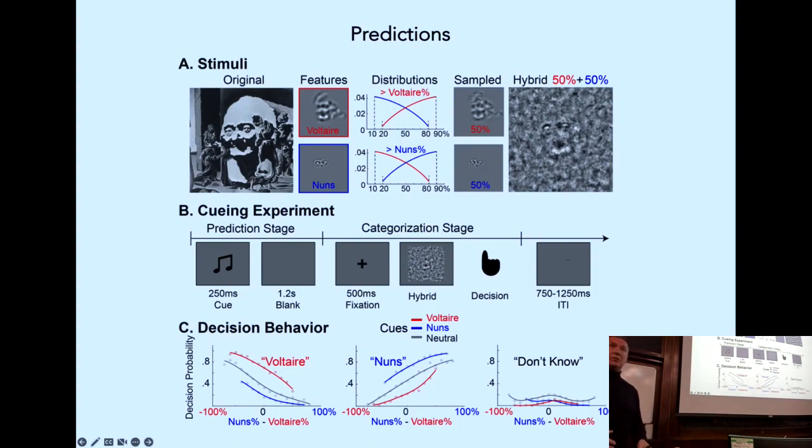That's the upshot. But the beauty of having now parameterized the stimuli, because you've got a generative model of them, is that you can also train a classifier not on the discrimination as is typically done, A versus B, but how much of A versus how much of B. So you can train your classifier to discriminate 80% and above Voltaire from 20% and below Voltaire, and do the same independently for the nonce.